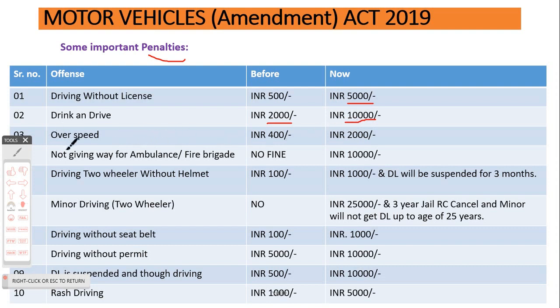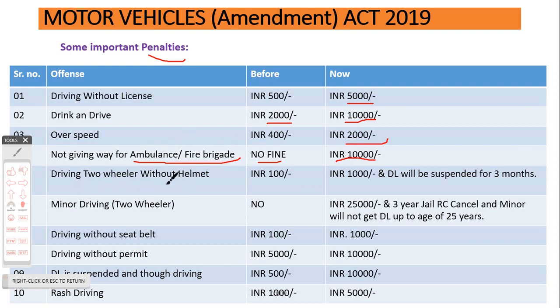Next, for overspeed driving, 400 rupees was the fine according to the 1988 act, but here it is 2000 rupees according to the 2019 act. Not giving way for an ambulance or fire brigade: there was no fine according to the 1988 act, but according to the 2019 act, a 10,000 rupees fine is there.